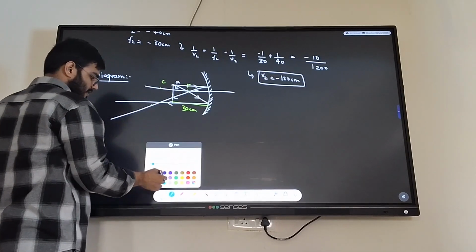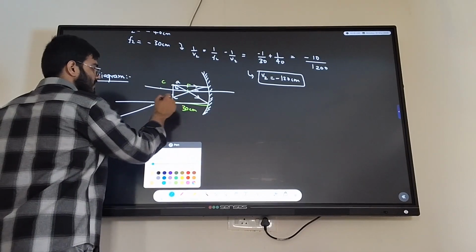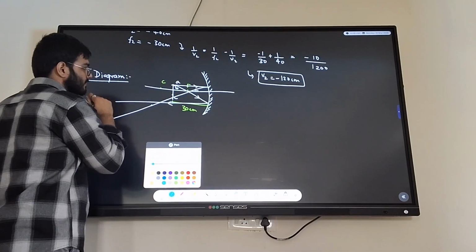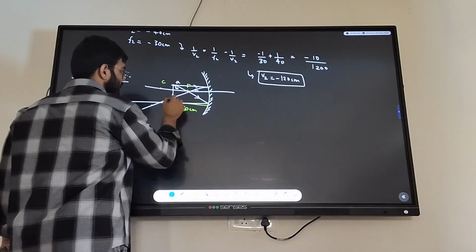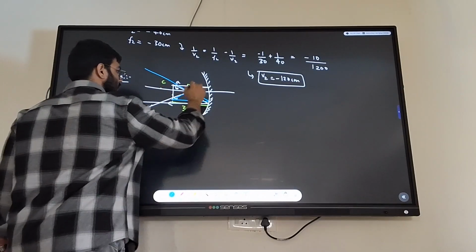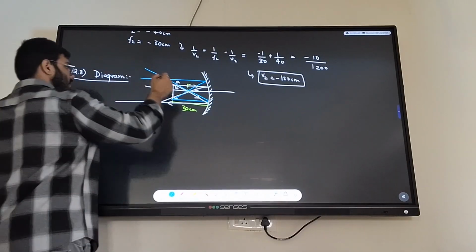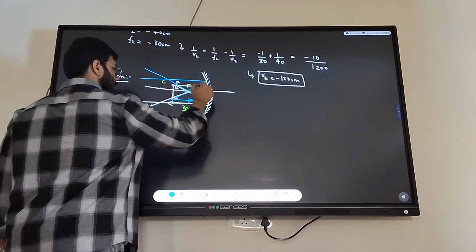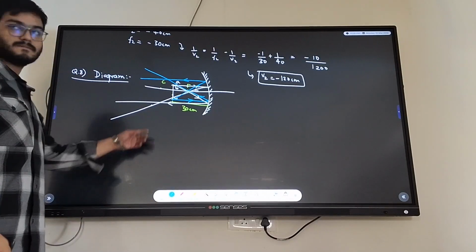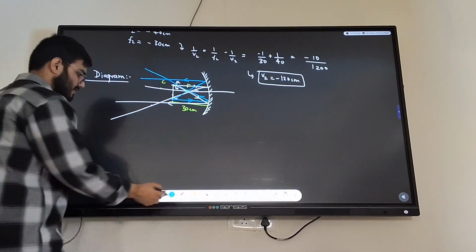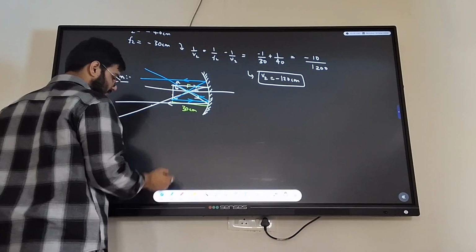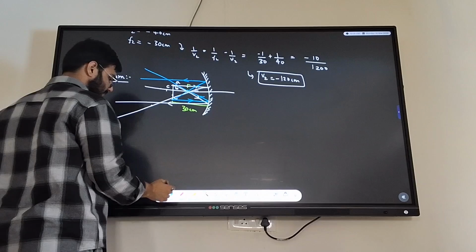There can be another ray which is something like this. So for C, my diagrams are not that good, but hopefully you understand it's beyond C.